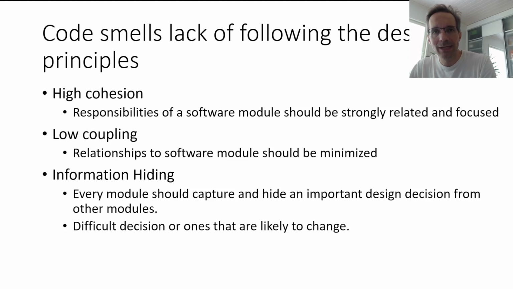So you want to hide the stuff that you can later change within the module, but you keep the interface clean so the other modules do not need to know anything about the internals of the other modules. And so code smells are a lack of following these design principles. There are a bunch of others as well, but let's have a look at these code smells next.